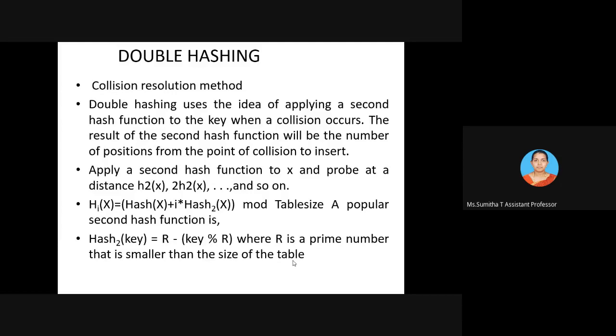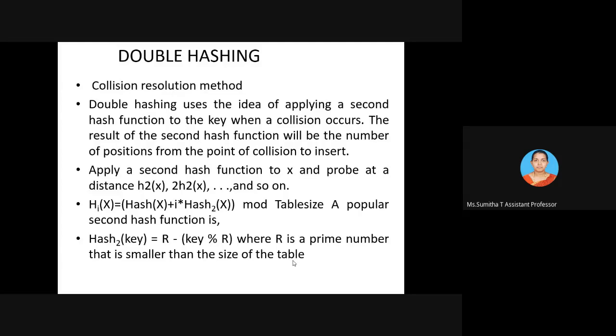For example, if the table size is 10, which is the previous prime number? Not 9, not 8, but 7. 7 is the prime number. So if the table size is 10, the r value is 7.